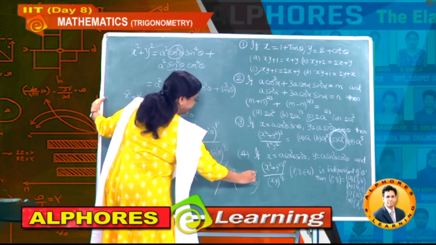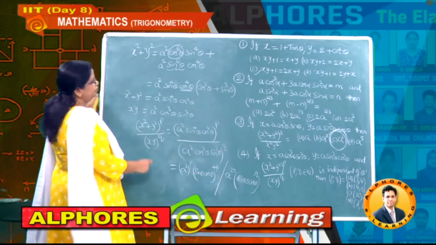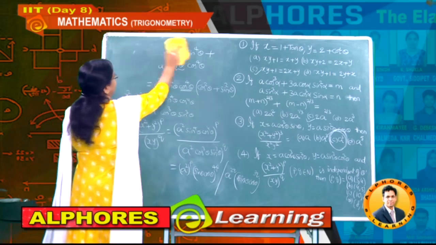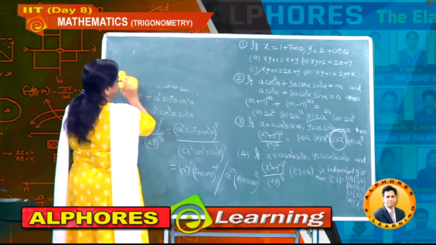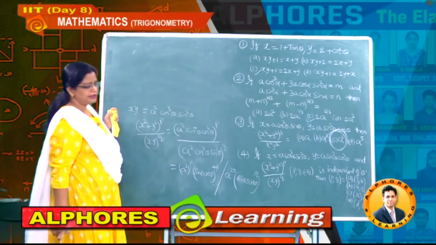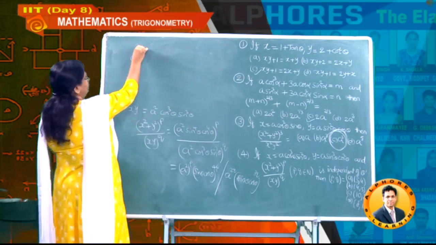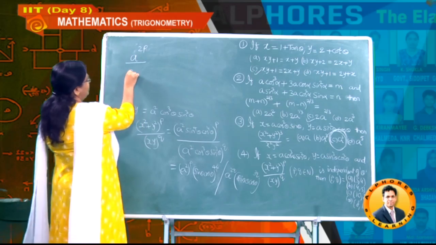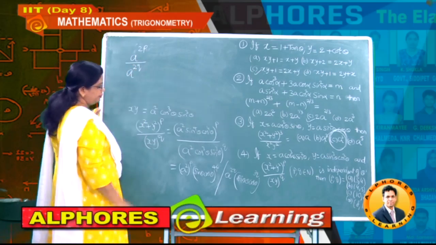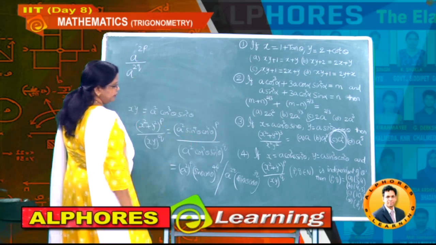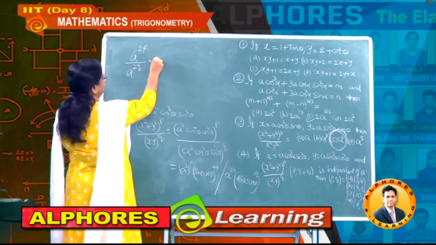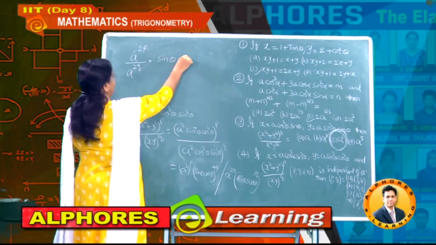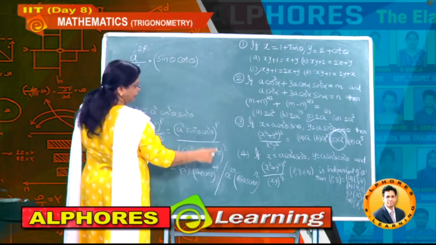It is 3q. And you know clearly here a power m divided by a power n equals a power m minus n. So a to the power of 2p divided by a to the power of 2q. Here no problem for us for this value, and the other one is sine theta cos theta whole to the power of how much are you having?